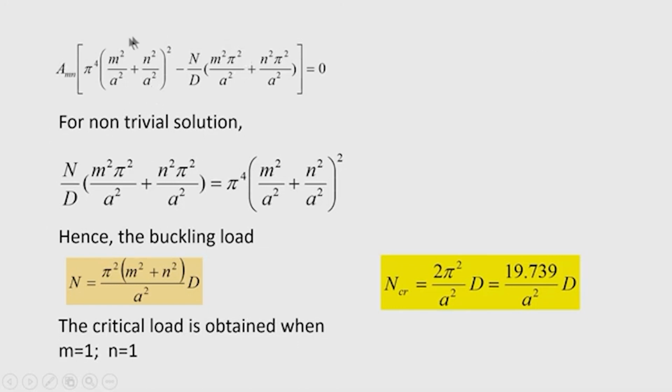I can simplify this expression like that, a m n equal to pi to the power 4 times m square by a square plus n square by a square, because it is a square plate, minus N by D times m square pi square by a square plus n square pi square by a square.